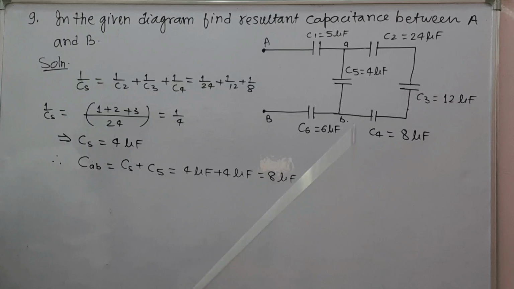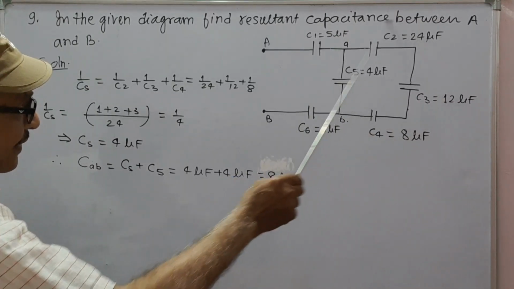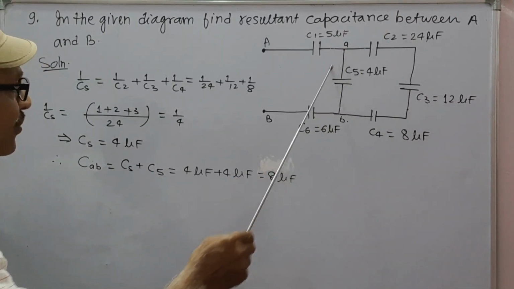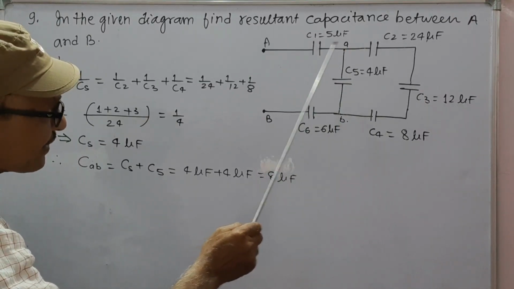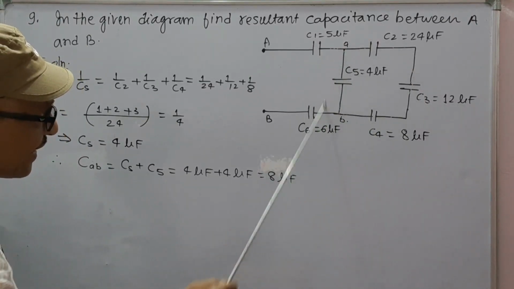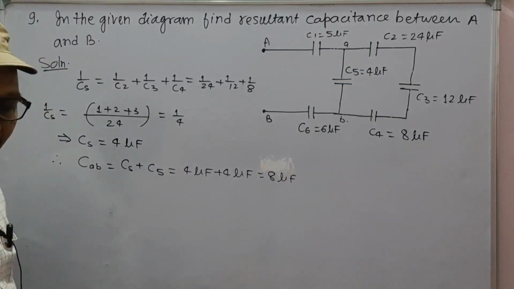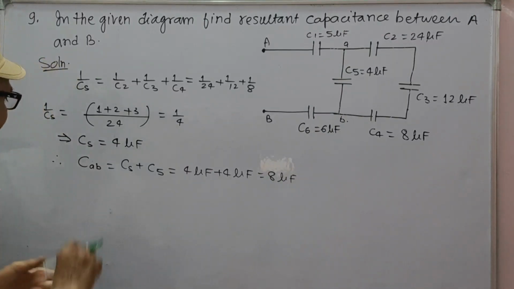Now this total capacitance is equivalent to 8 microfarad. Now this C1, this CAB and C6 are again in series.